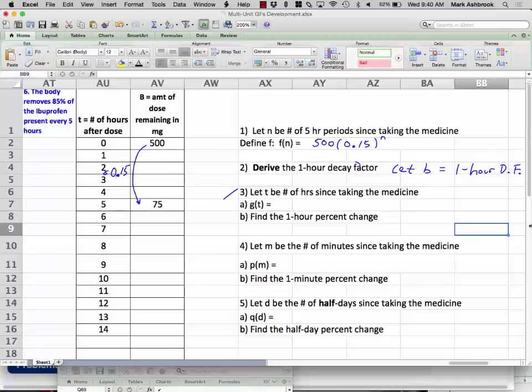Okay, so if B is the 1-hour decay factor, what dose do I have remaining after 1 hour? What's your name? Logan. If B is the 1-hour decay factor and I have 500 milligrams, how many milligrams will I have 1 hour later?